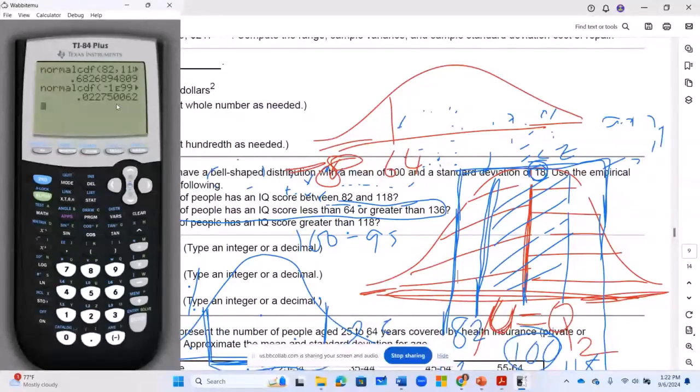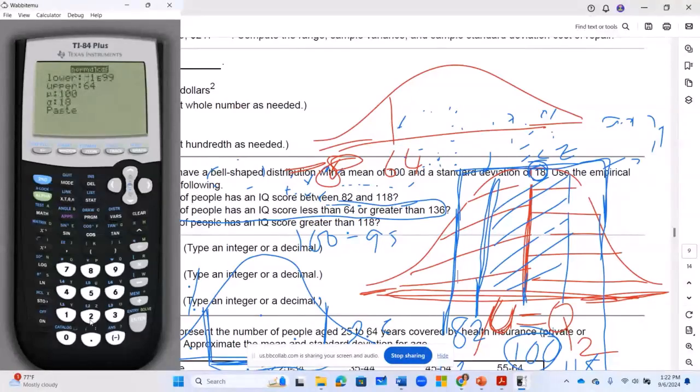I'm calculating area to the right because part B asked us to calculate area to the left and area to the right. Area cannot be negative, so area will never be negative. For the area to the right, I'm going to do second distribution again, number 2.